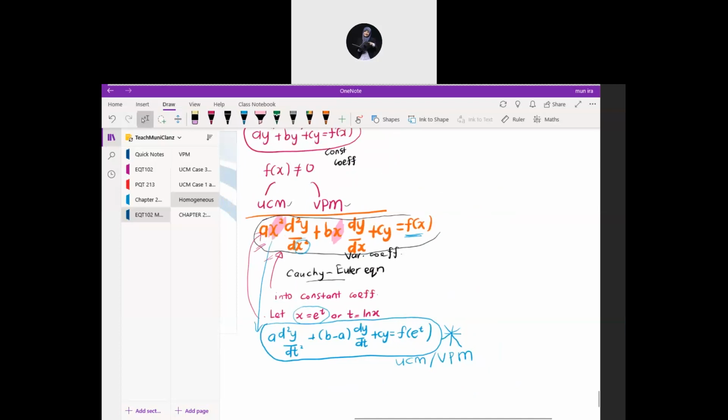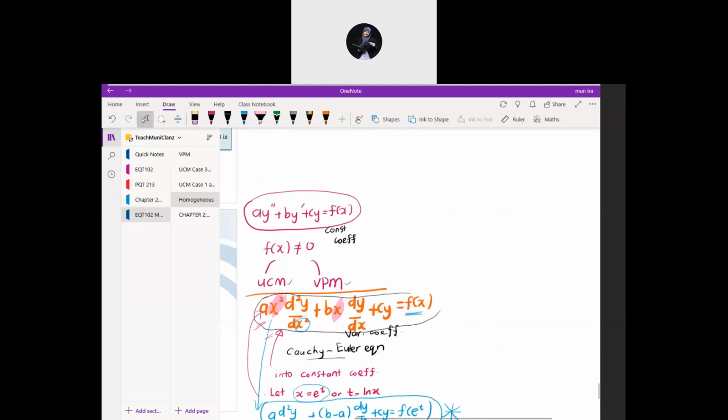Okay, so that is the synopsis of second order. Now I want to know your understanding, what you don't understand, and what your current problem is. Homogeneous first, we go one by one.